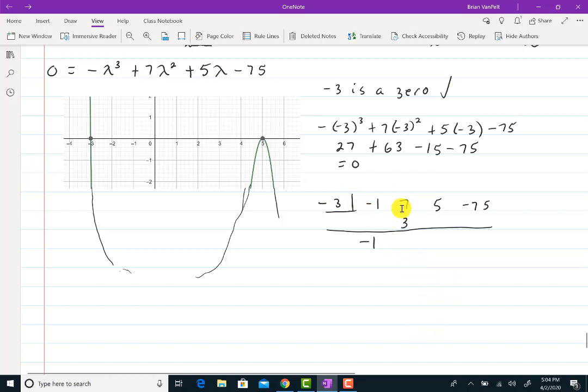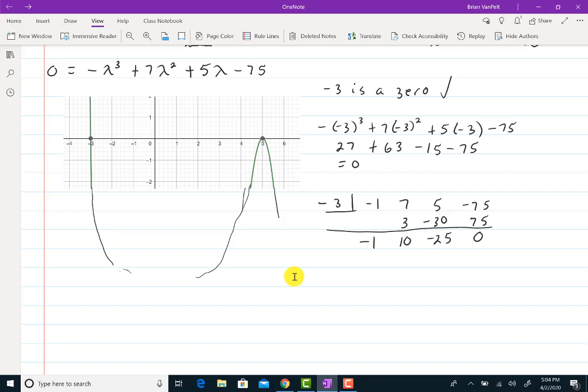And then what I do is I add. 7 plus 3 is 10. Now 10 times negative 3 is negative 30 that I put under here. Add to get negative 25. Finally, negative 25 times negative 3 is positive 75.